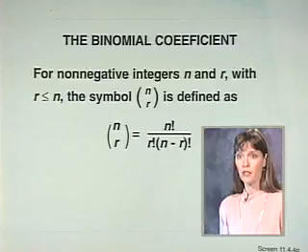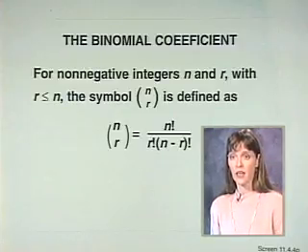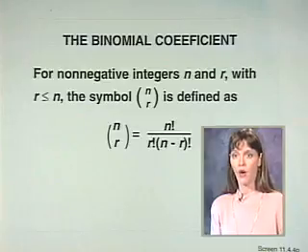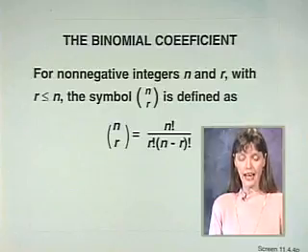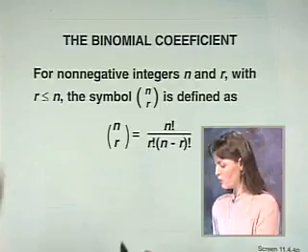For non-negative integers n and r, with r less than or equal to n, the symbol, which looks like parentheses with 2 numbers on top of each other, is read n choose r, and is defined as n choose r equals n factorial divided by r factorial times the quantity n minus r factorial. Now, let's see how we can evaluate an expression using this particular type of notation.